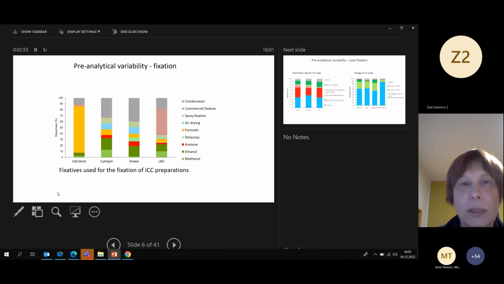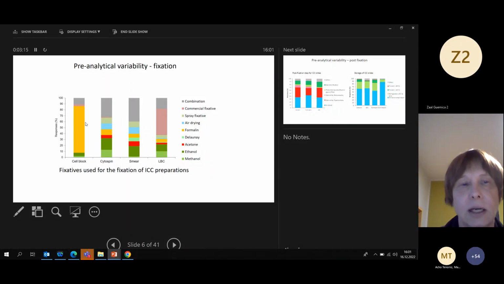And the most important is, of course, the demonstration of variability in fixation, or perhaps better to say fixatives, used for cytospins, smears, and liquid-based cytology slides.